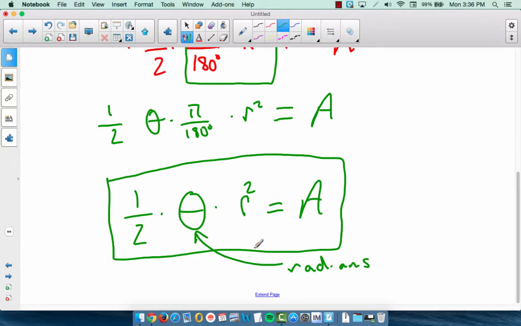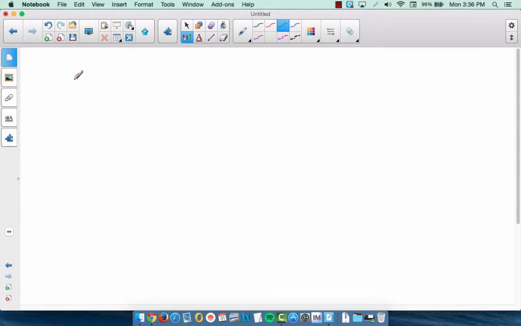Nice thing about radians is we don't have to write those units, right? I've said it a couple times in these videos. Radians are unitless. So if I give you a problem, we'll just make one up. I want you to find the area of a sector, and I'll give you the measure of the central angle and the radius. So we have a circle.